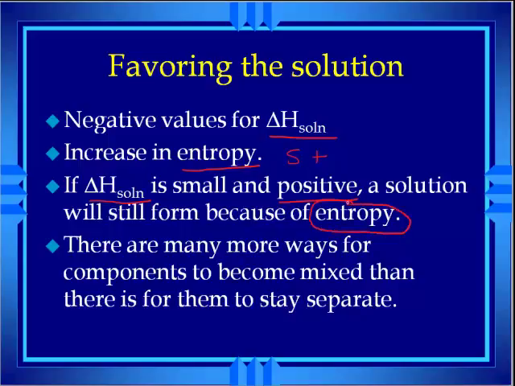You can imagine that a solution is going to have a lot more disorder than the 2 things separated. There's a lot more spaces for those molecules to be when it's all mixed into a solution, rather than them staying separate. So that's the driving force of making solutions.